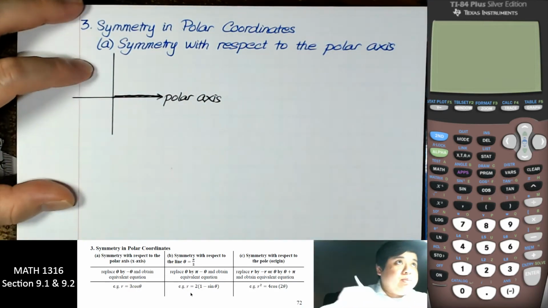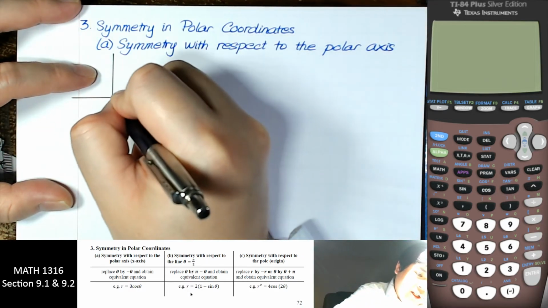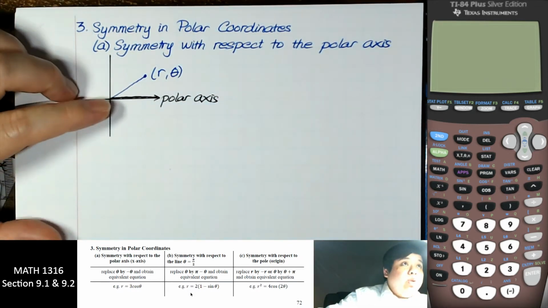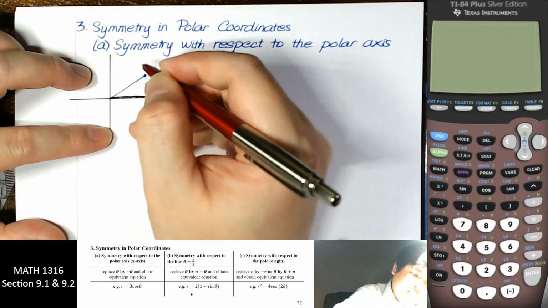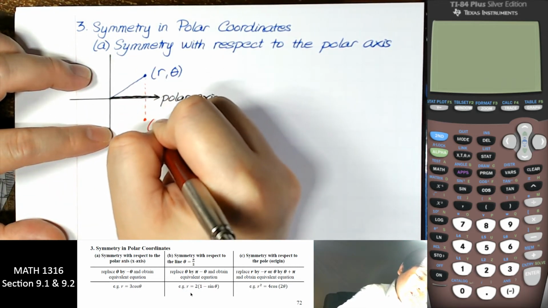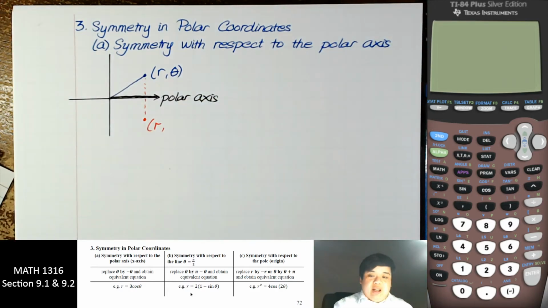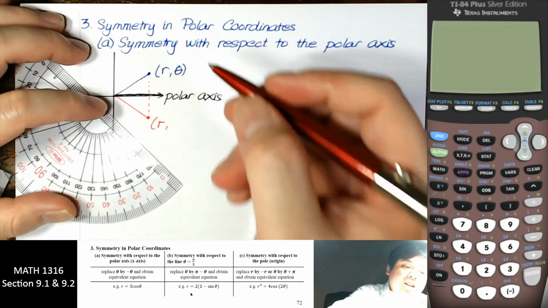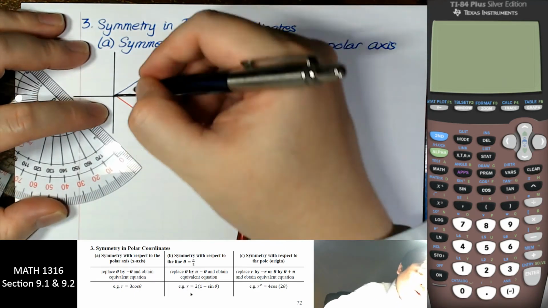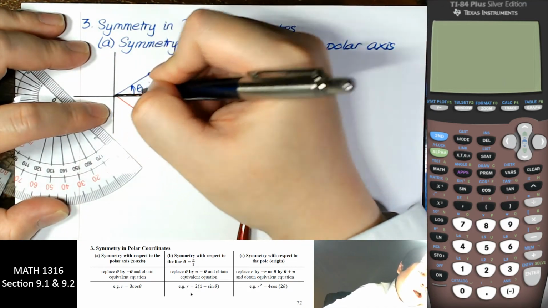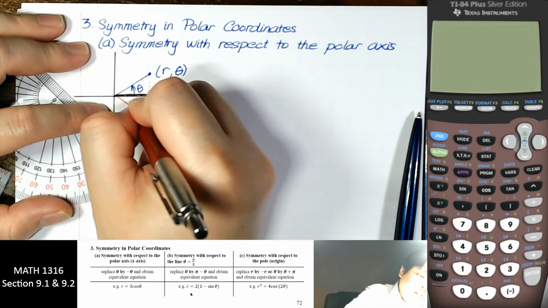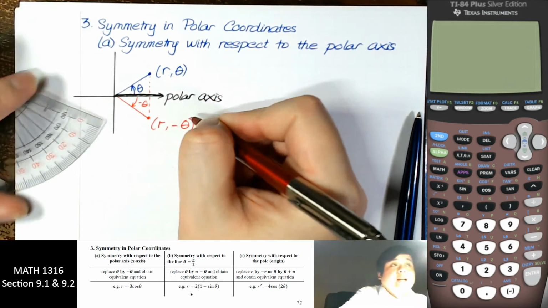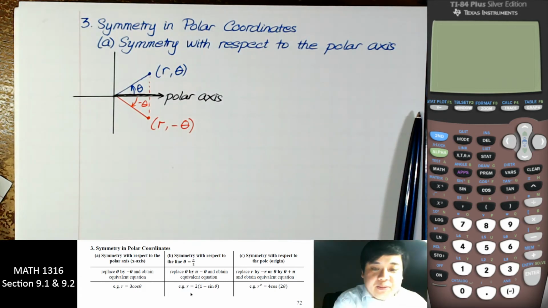A point here is on theta. For symmetry across the polar axis, we have the same radius, but the angle, instead of going counterclockwise by default, goes clockwise in the opposite direction, the negative direction. And so those are the relations.